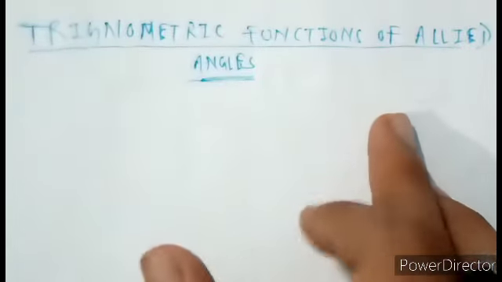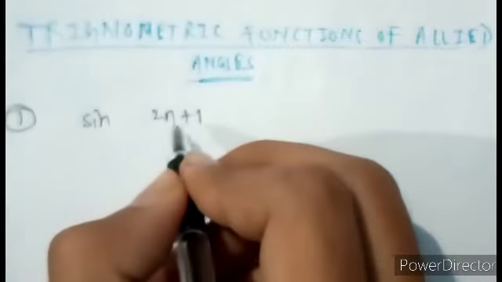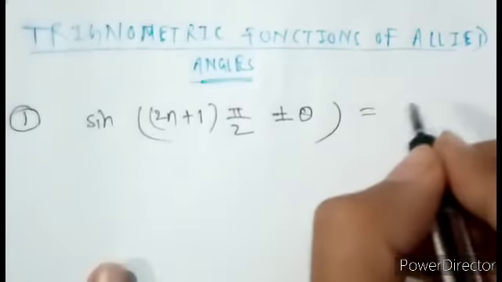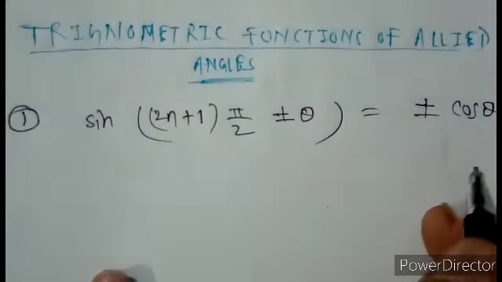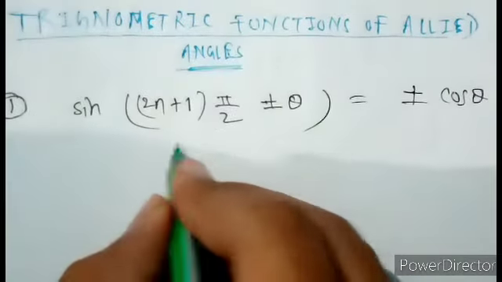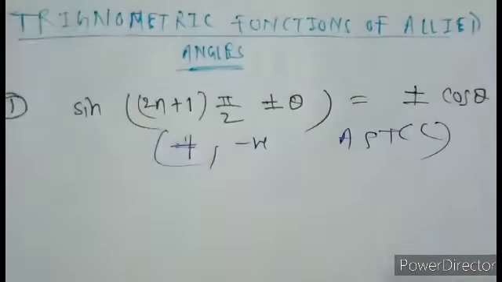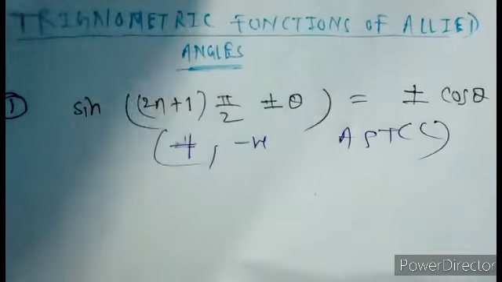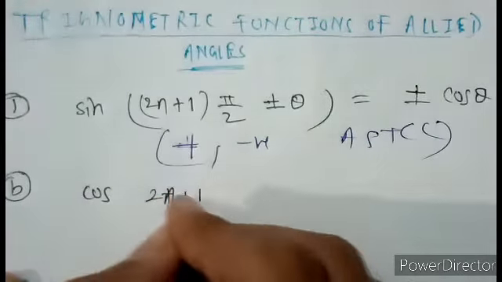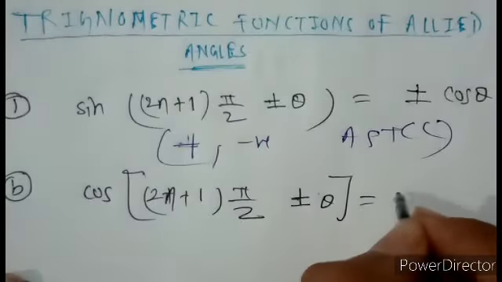Then come to the trigonometric functions of allied angles. The first one we will discuss: sin of (2n plus 1) multiplied with pi by 2 plus or minus theta is equal to plus or minus cos theta. How will it be remembered? We know that the sign is positive or negative according to the ASTC rule. The second one is cos of (2n plus 1) multiplied with pi by 2 plus or minus theta, which is equal to plus or minus sin theta.